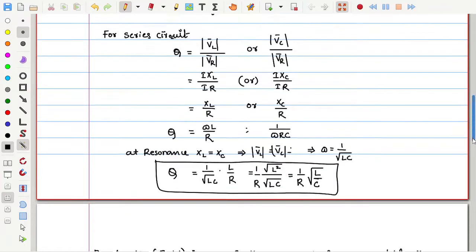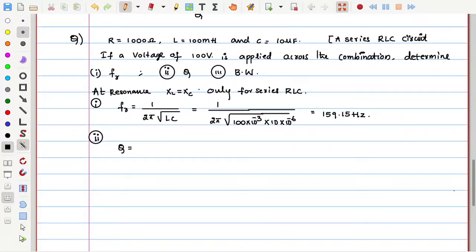It's your wish which form you use. I am using the final form, which is 1 by r square root L by C, which is equal to 1 by 1000 into square root of L, 100 into 10 power minus 3, divided by C, 10 into 10 power minus 6. How much is this?